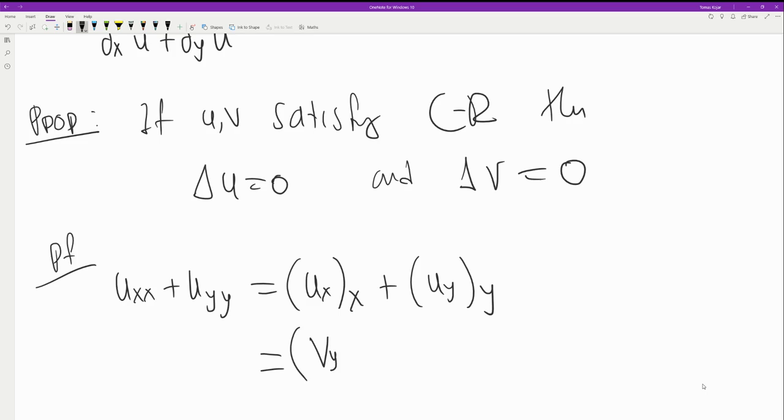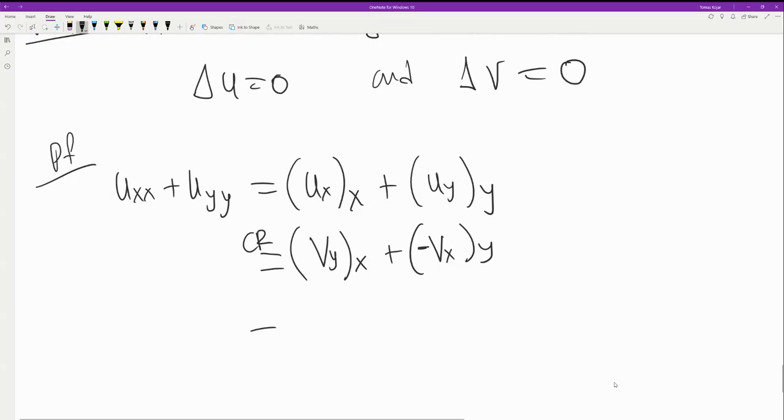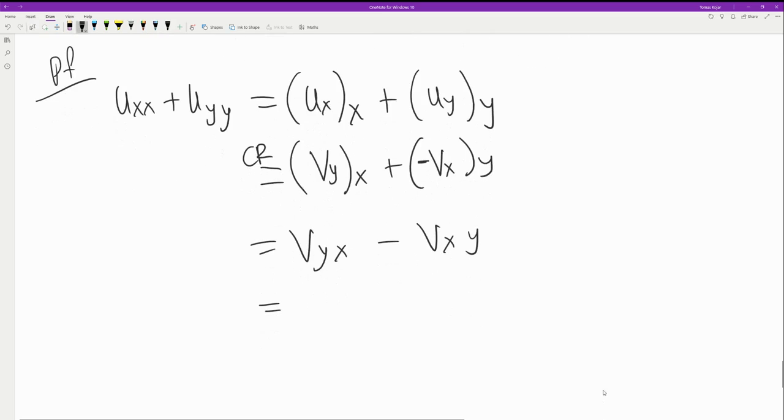So this is v y, and this is v x, but with a minus. Okay, so we have v yx minus v xy, and from 291, we'll learn that you can swap derivatives. And so you get 0. And the same is true for v.